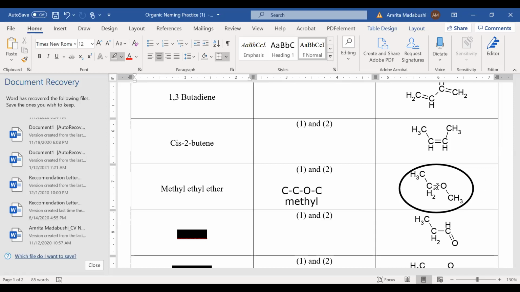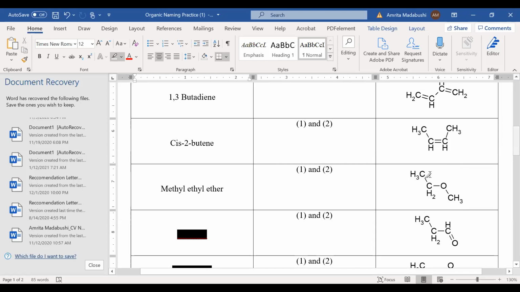Professor, do we need to mention that there are two methyls, one on the left, one on the right side? Actually, there are not two methyl. This is methyl, but it is attached to CH2, so it is more like ethyl.